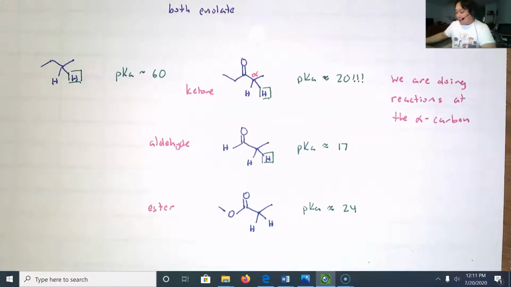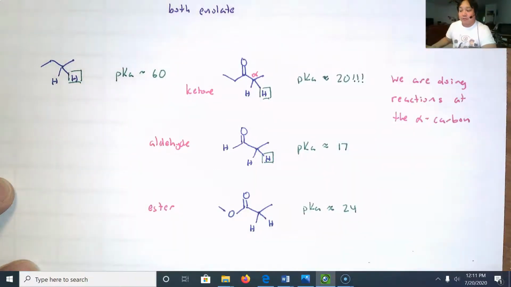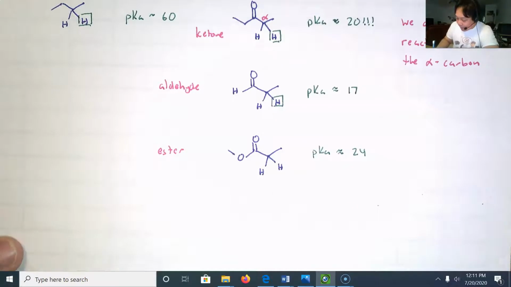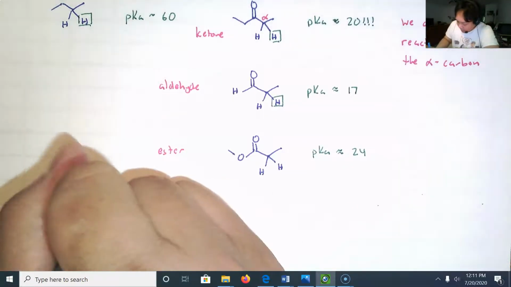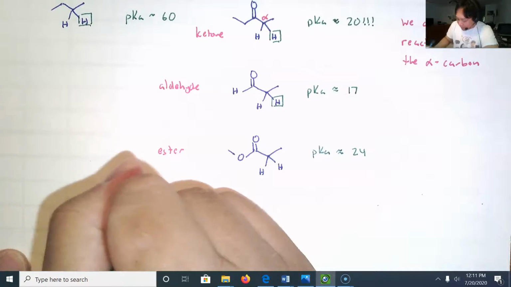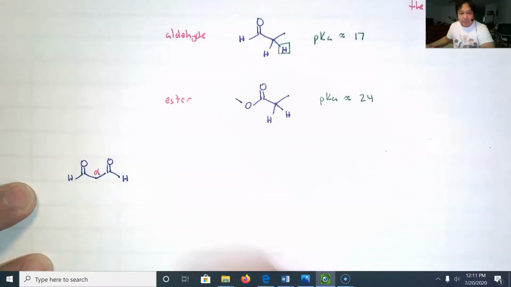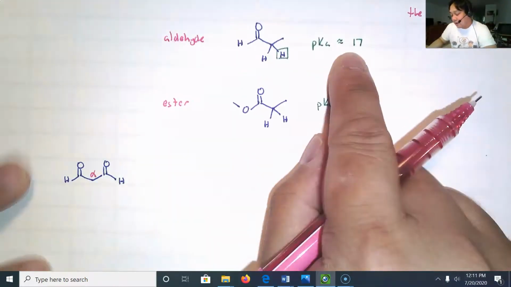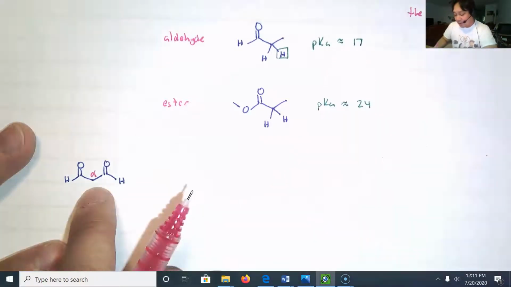Okay. Let me jot down a couple more, and then we're just going to jump into the aldol reaction. A couple more are these. Look at this alpha carbon in the middle. This is a dialdehyde. The aldehyde has a fairly low pKa, but now we have an opportunity.